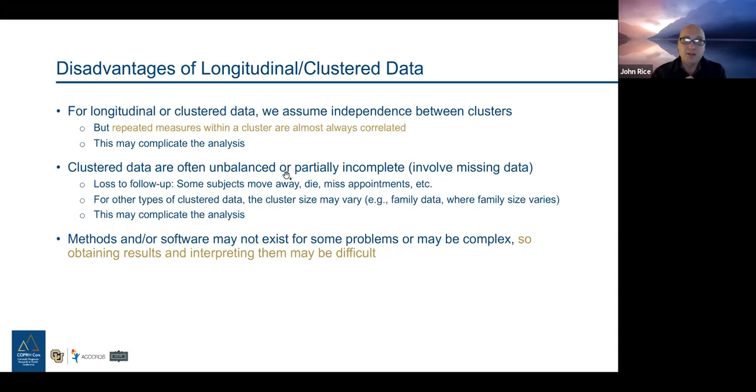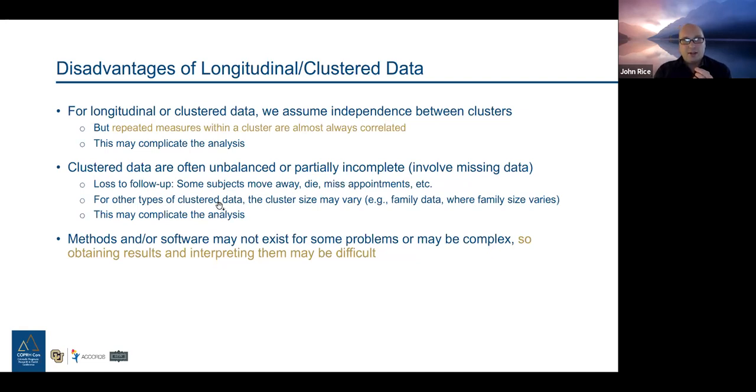So another issue is unbalanced or missing data. Most modern statistical methods account for this pretty well, but it is something that doesn't arise in studies without clustered data, because there's no notion of something like missed appointments. You just have a single observation on each person.